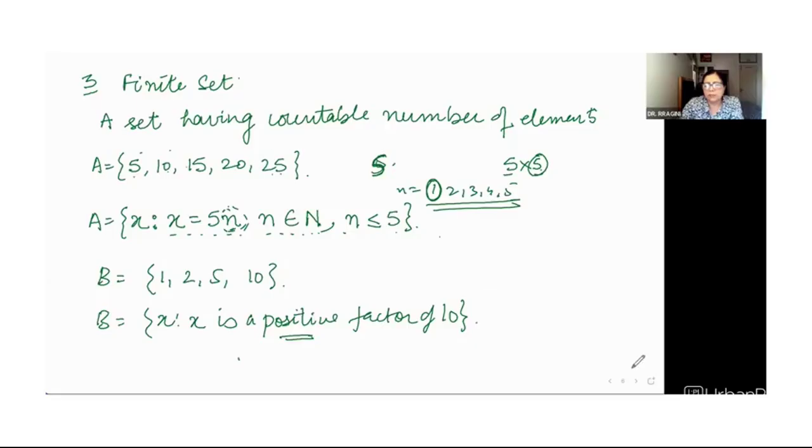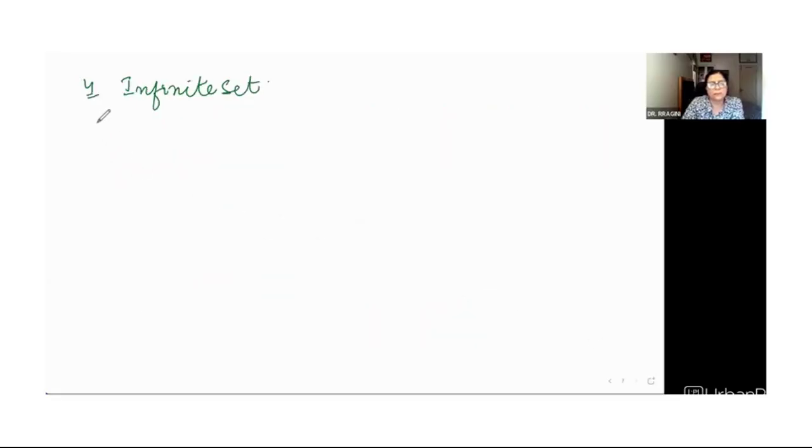Next is infinite set. We can convert these sets into infinite, like a set having uncountable number of elements, right? As we know, natural numbers, whole numbers, all of them are uncountable.